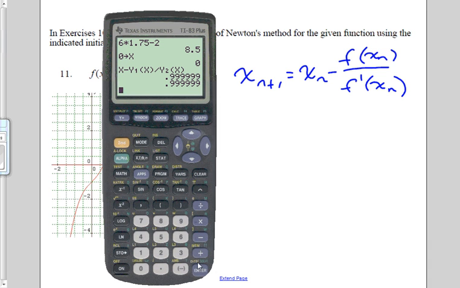Then what you need to do is, with the second enter, store all of this as x. So whatever value we get is now stored as x. So 0.999 is stored as x, and when I press enter again, it puts this 0.999 value in for x.